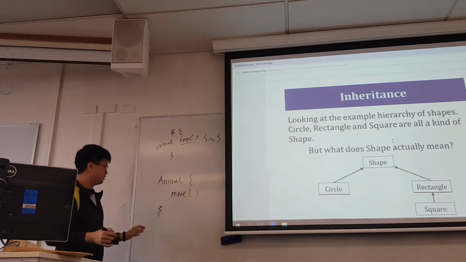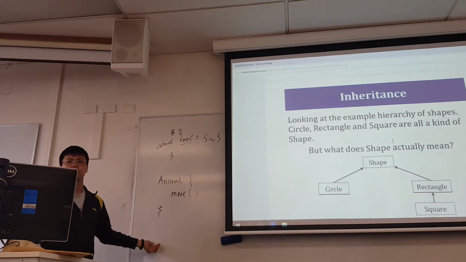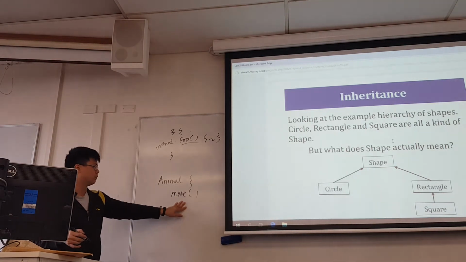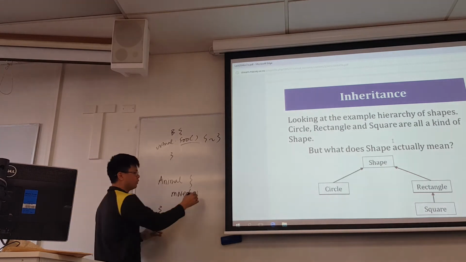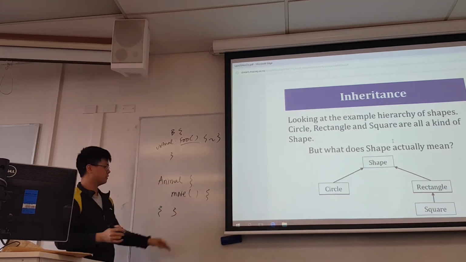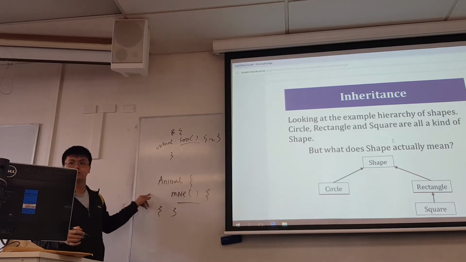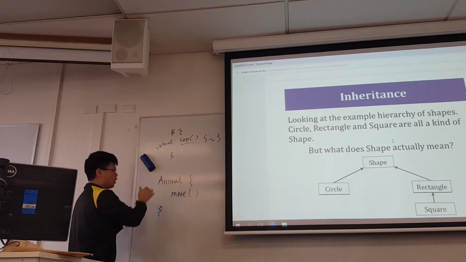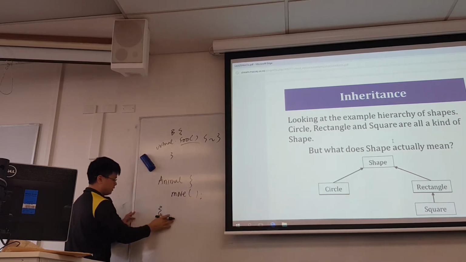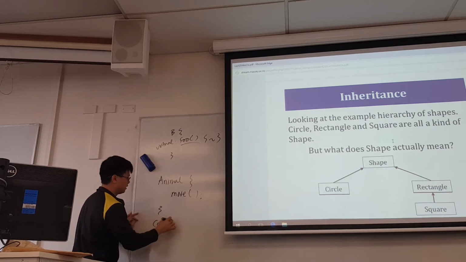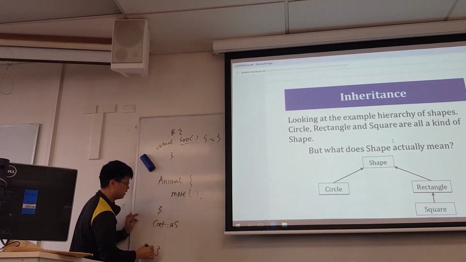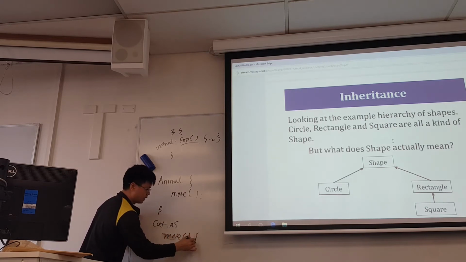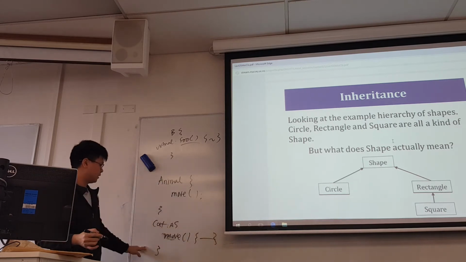But a dog moves in a different way to a bird, so we don't really know what will actually happen when we declare this. There is no way that we can implement something because it doesn't make sense. We don't even know what animal it is. So it's better to delegate the job of implementing move to a more specific class. When you have a class implementing animal, you can provide the actual action that happens inside move.